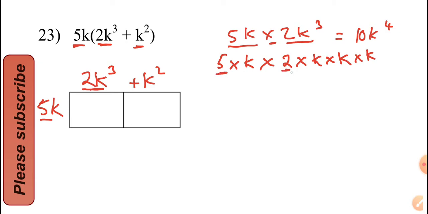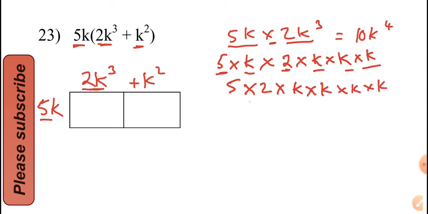So I can do 5 times 2 first, and then we have times 1, 2, 3, 4: k times k times k times k. So 5 times 2 is just 10. Then I'm going to multiply that by k to the power of 4. So here the answer is 10k to the power of 4.